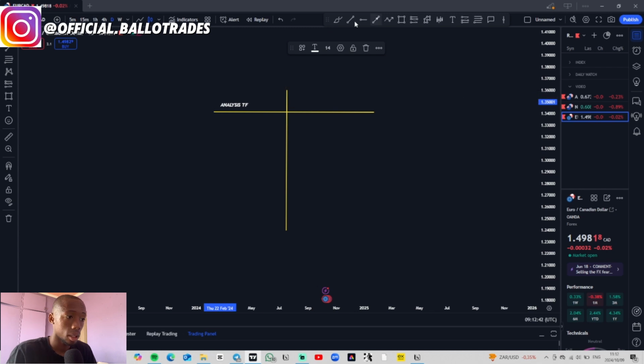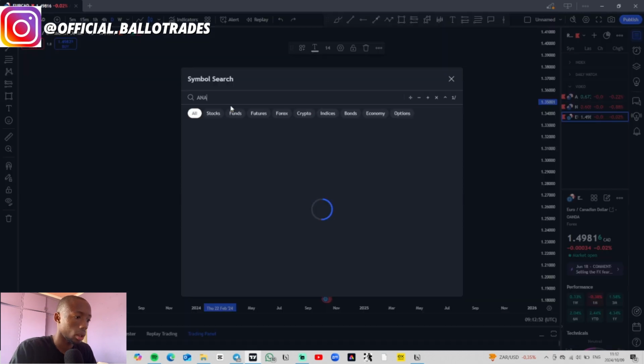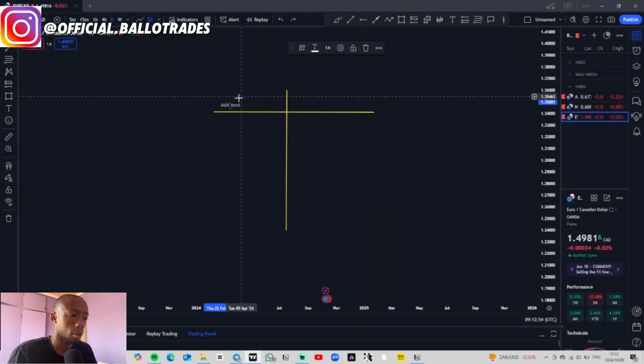Analysis time frame. Then on the right side we have our executional time frames. Sorry about that.